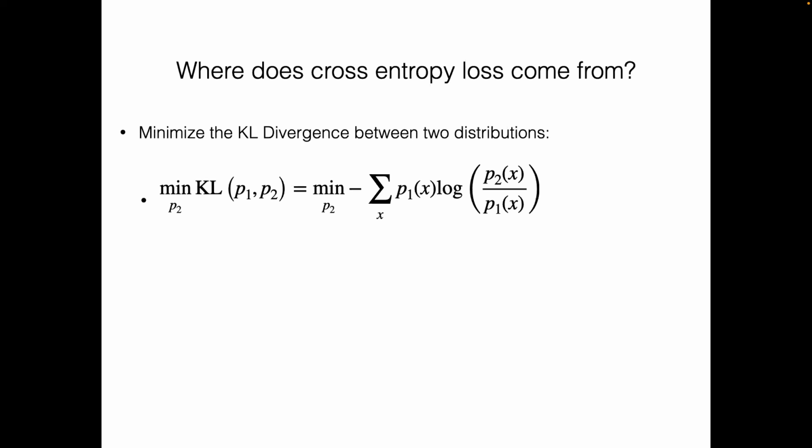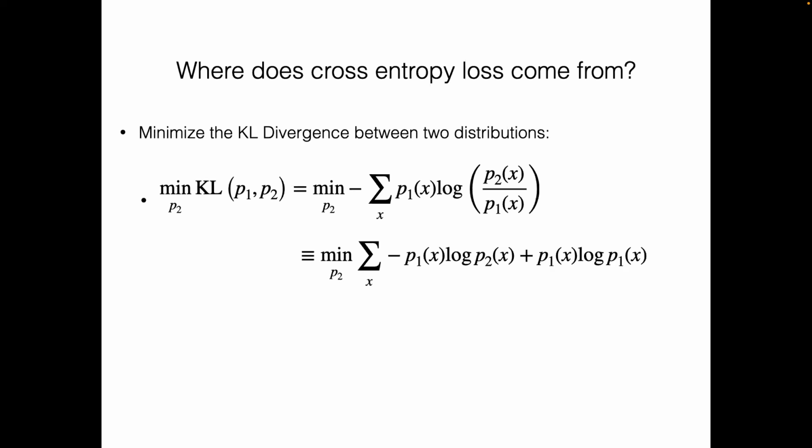There's a divergence called KL divergence, and this is basically the formula. The question is, suppose we want to minimize the KL divergence between the model's distribution, so the model's vector, and the target distribution. This is just writing out the definition of KL divergence.